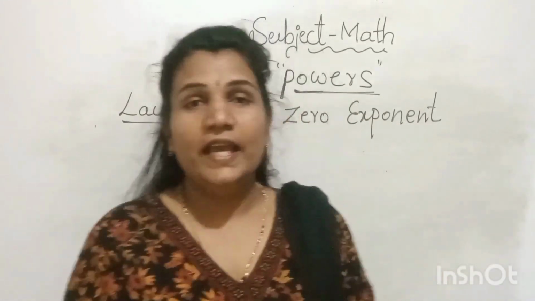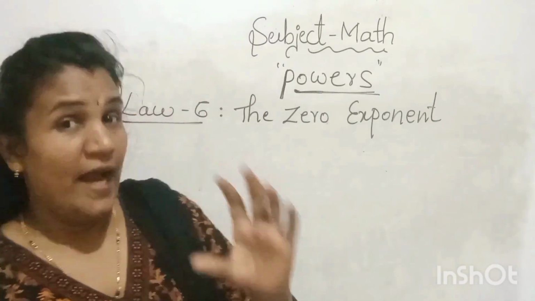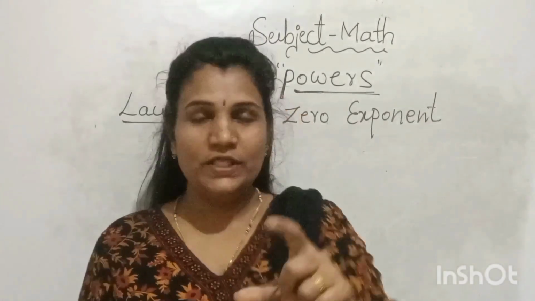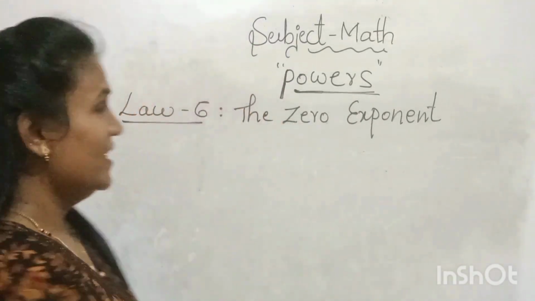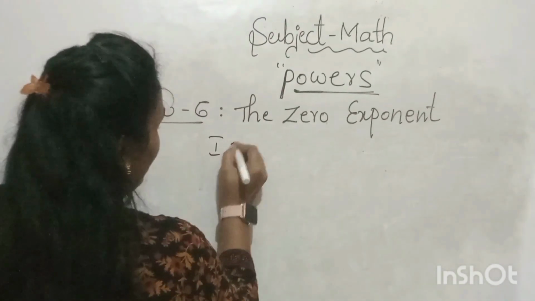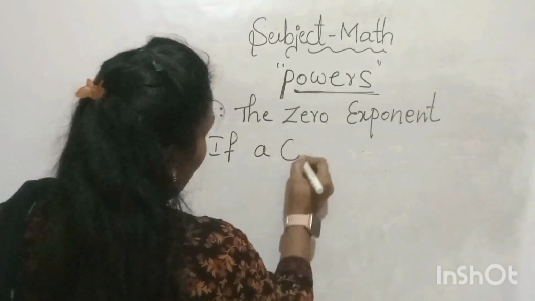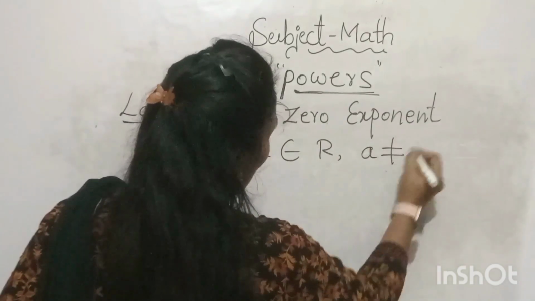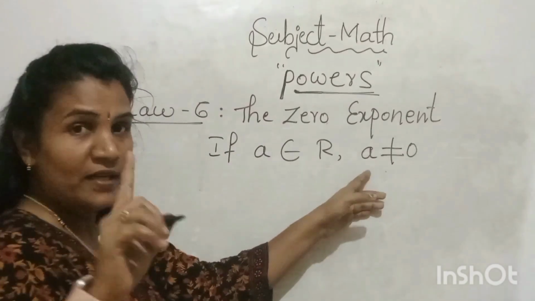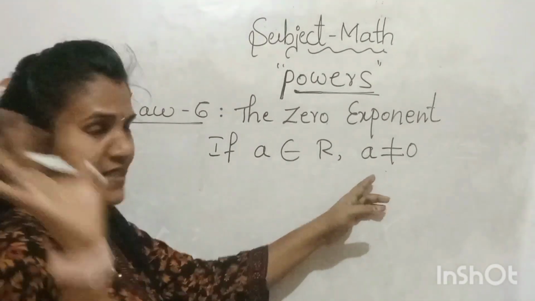Yes, if a is any rational number and a does not equal 0, then a to the power 0 is equal to 1. See here, if a is any rational number and a does not equal 0, a shouldn't be 0. Okay, any number other than 0.